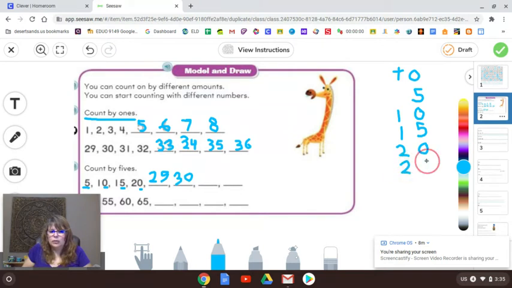I want you to look at the pattern. Then we counted 5 more, and we got to 30. Now I want you to pay attention to the pattern it follows when we count by fives. See how I said when we count by fives, the pattern on the ones place goes from 5 to 0, 5 to 0. So you always know it's going to be a 5 or a 0 in the ones place.